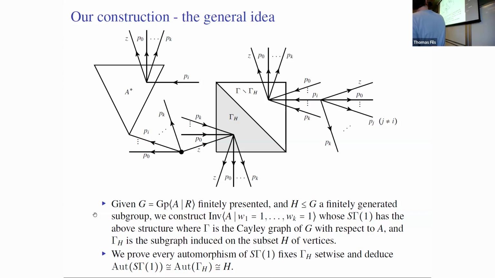And it's kind of about taking a copy of the Cayley graph of G, identifying a copy of the Cayley graph of H inside, and arranging things so that this set is preserved set-wise by all the automorphisms, so that actually the entire automorphism group, even though there's all this kind of other stuff floating around, turns out to be every automorphism is induced by an automorphism of the Cayley graph of H, and conversely, so you end up with the automorphisms of the Cayley graph of H, and therefore you end up with H because you're preserving labels. Okay, but there's lots of details missing here, but that's the kind of idea.